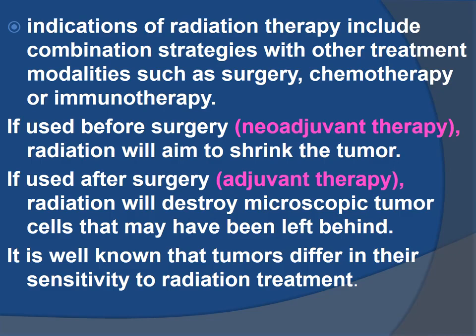If it is used after surgery, it is called adjuvant therapy, in which the radiotherapy destroys microscopic tumor cells that may have been left behind, so preventing the tumor from recurring. It is well known that tumors differ in their sensitivity to radiation treatment.